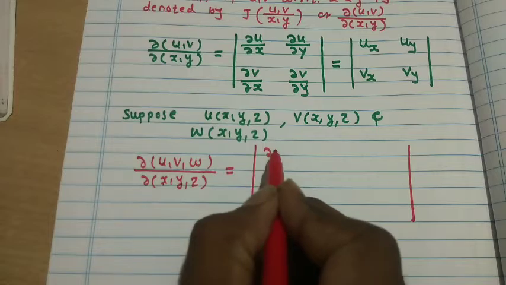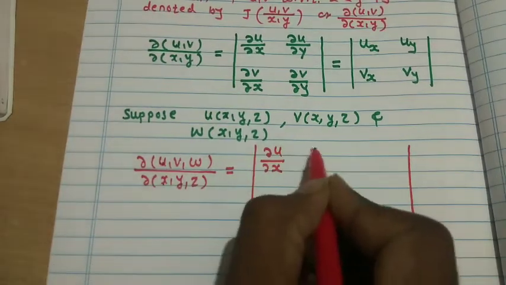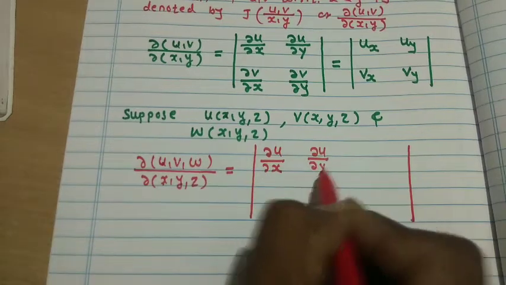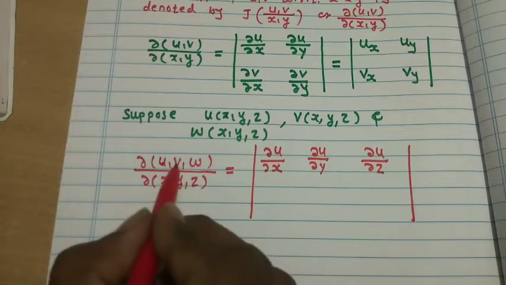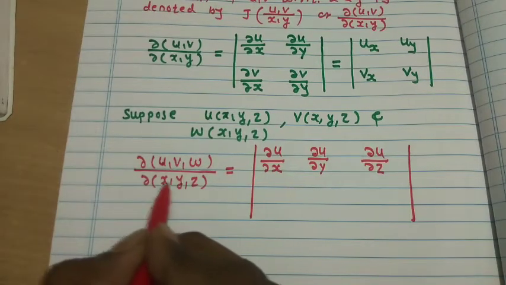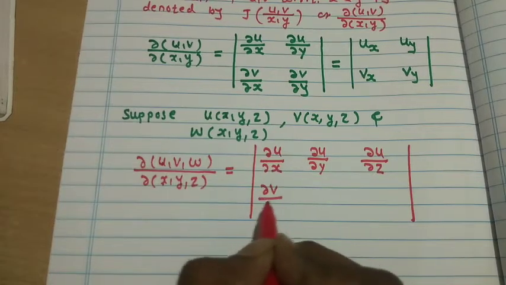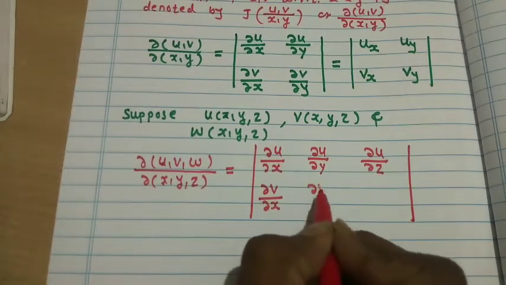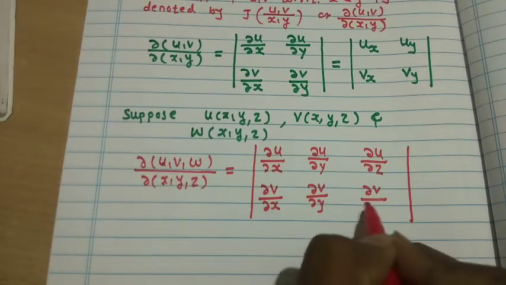In second row, differentiate v with respect to x, y, z respectively. So you will get del v by del x, del v by del y, del v by del z.